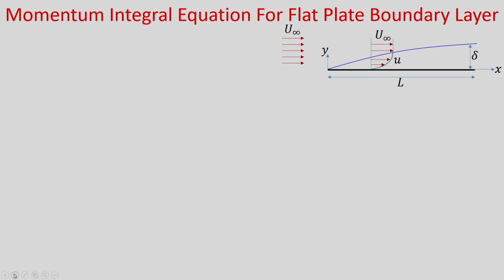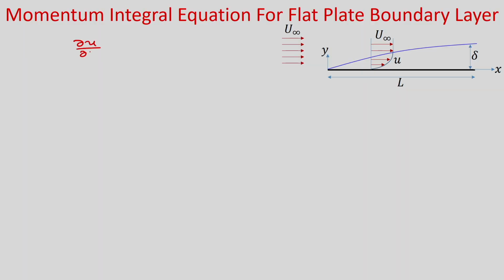So, to evaluate this v at y is equal to delta, again we will consider the continuity equation. So, we have the continuity equation ∂u/∂x plus ∂v/∂y is equal to 0. So, we will integrate this equation between 0 and delta within the boundary layer.